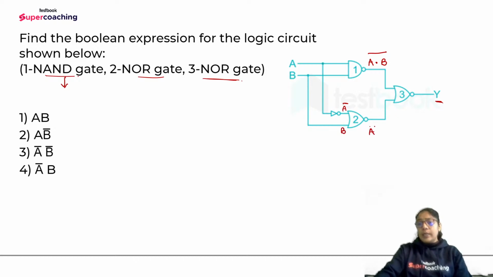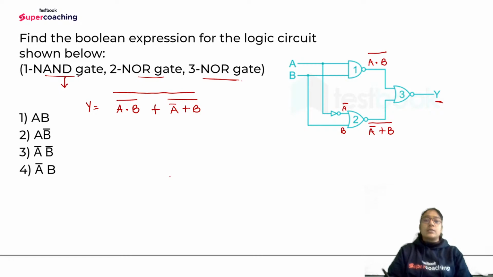It will be A complement plus B. NOR means you take OR and then take NOT. Then Y will be equal to, this is term A, the first term you have is A and B complement. Since this is NOR, plus the second term, first term plus second term and whole complement, because this is a NOR gate.